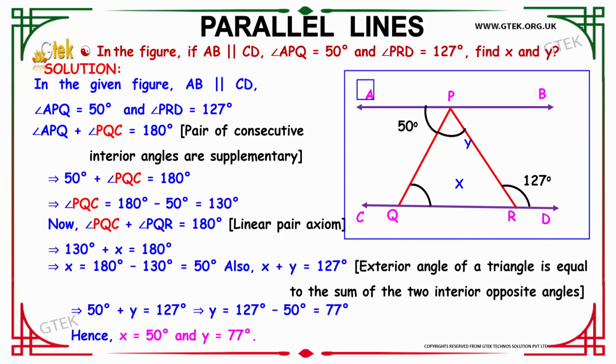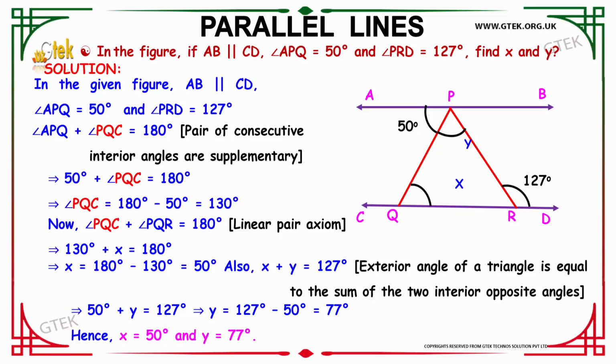In the given figure, AB is parallel to CD. In the question, the angles APQ and PRD are given as 50 degrees and 127 degrees.